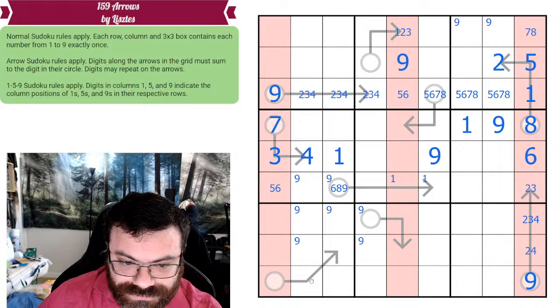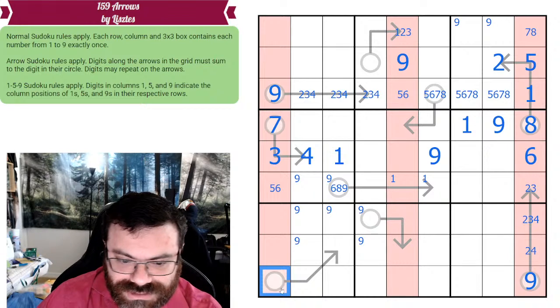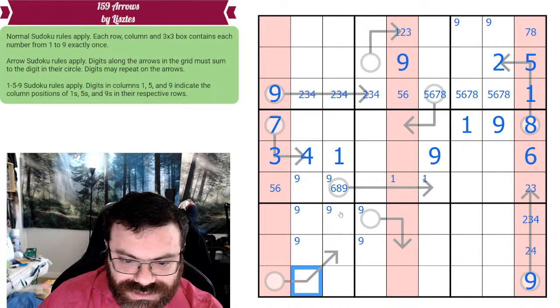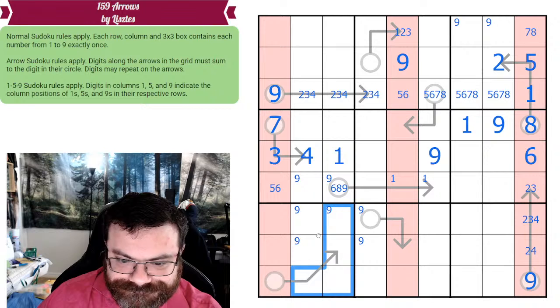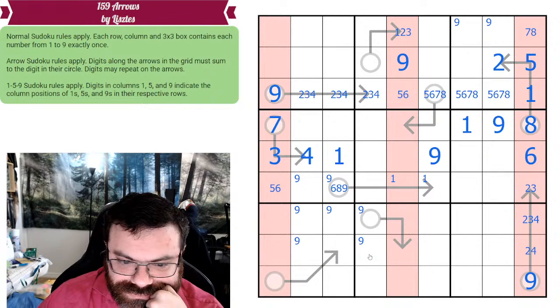So, in fact, this isn't a 1, 2, or 3. Or 9. So if 1 's not here or here, I don't think I can do much with that.